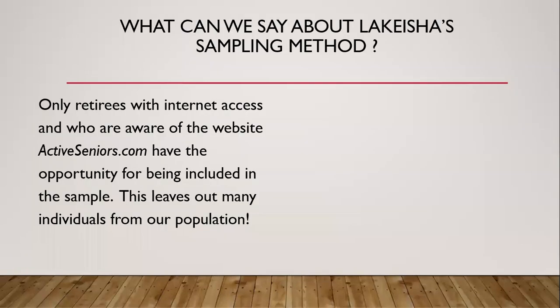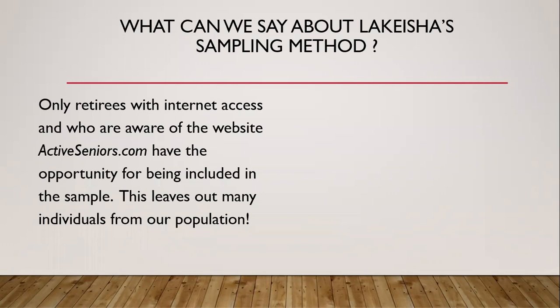First of all, as we think about Lakeisha's sampling method, we must realize that with her web-based approach, only retirees with internet access could have participated in this survey. Moreover, it isn't enough just to have internet access. You also have to be aware of the website activeseniors.com.